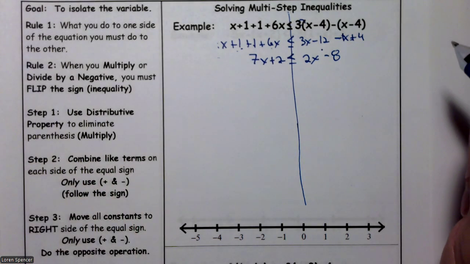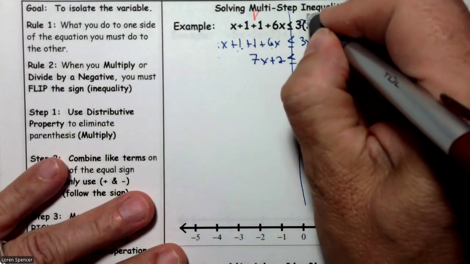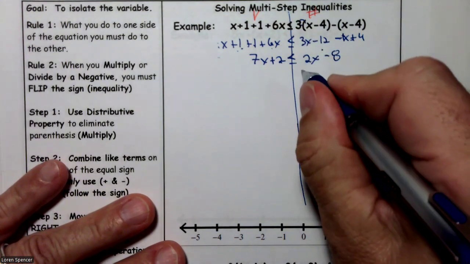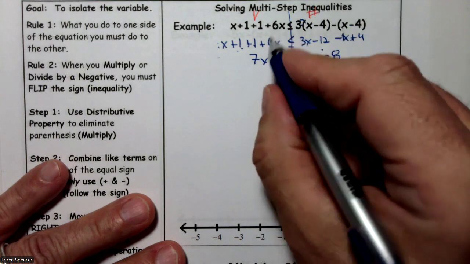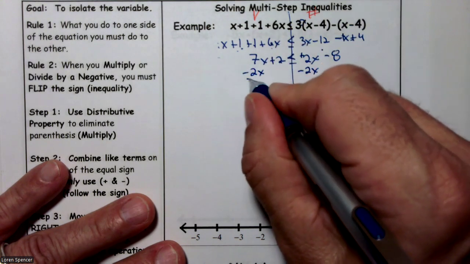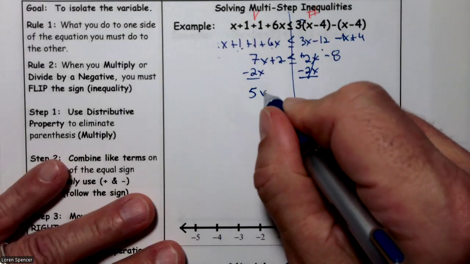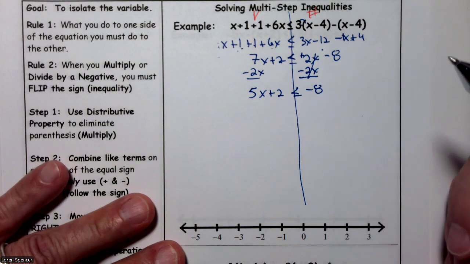All right, the next thing we need to do is I always want to get variables on the left and numbers on the right, especially important with inequalities. So I'm going to subtract this 2x because it was a plus 2x. This becomes 0, and this is 5x plus 2 is less than or equal to -8.